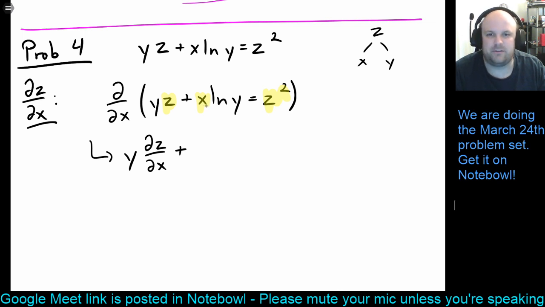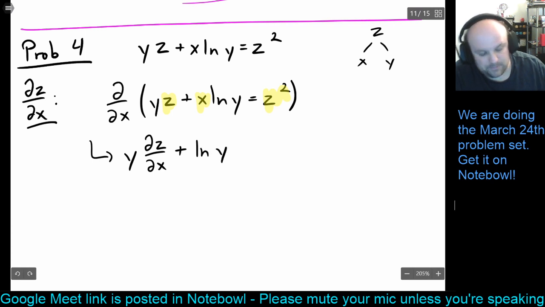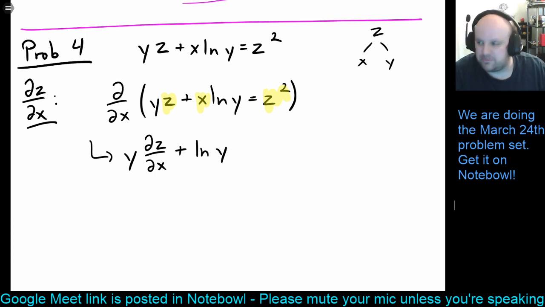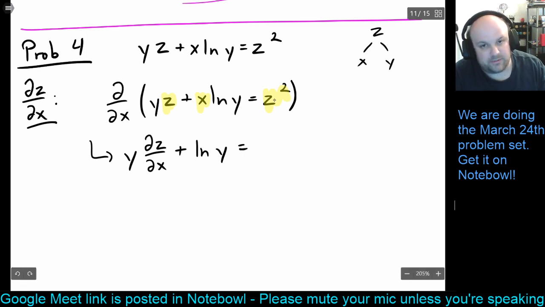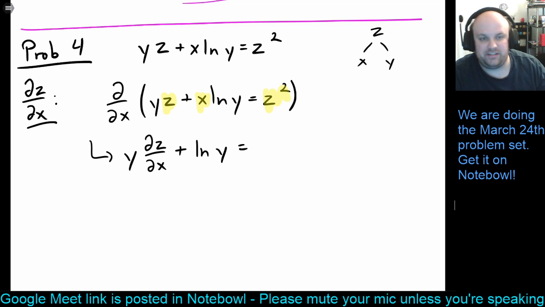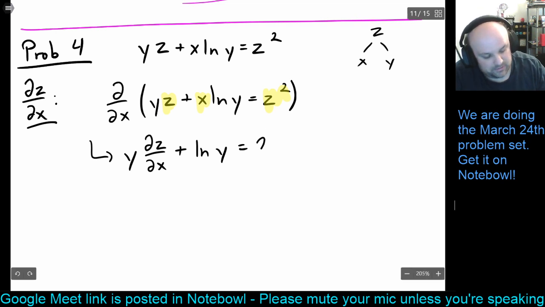So this may as well be like 4 times x. So this is just ln of y. It's just the derivative of x. Over here, z squared, we differentiate as we normally would, 2z. But since there's a z there, the chain rule pops out with a dz/dx.